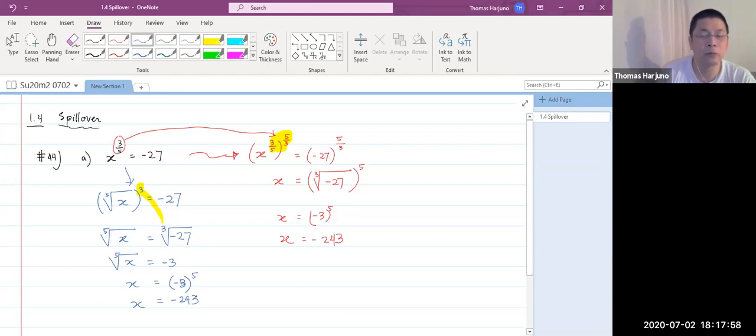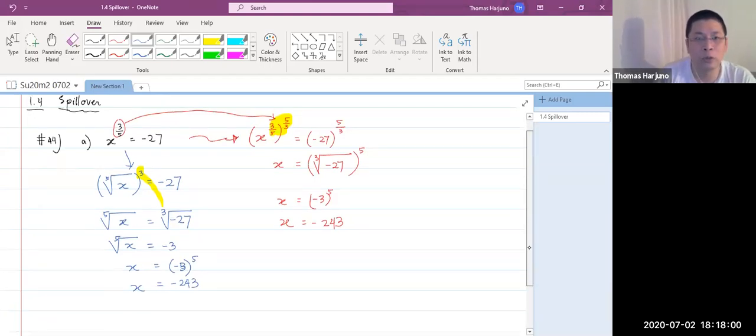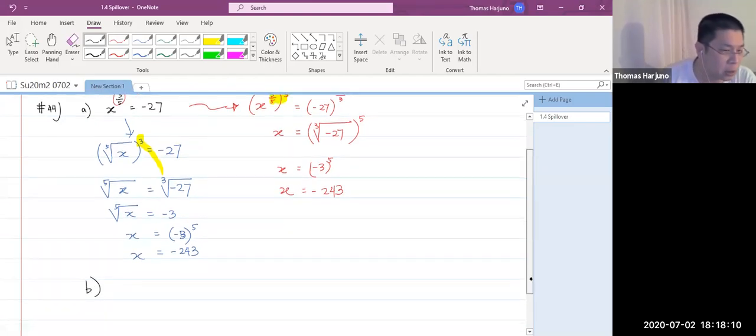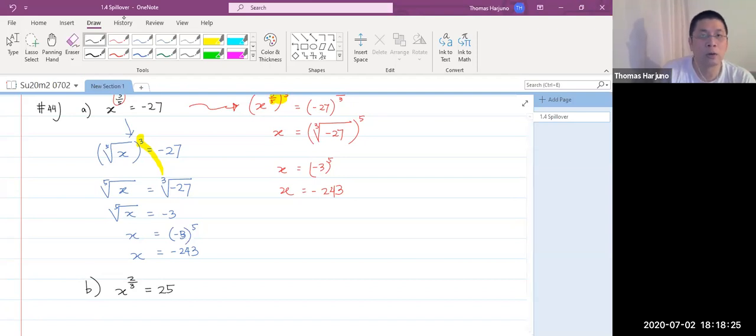So we have 2 different ways to do it here, but you will see that one of them is a bit dangerous. Why? Let's see. For example, part B, we have x to the power of 2/3 equals 25.